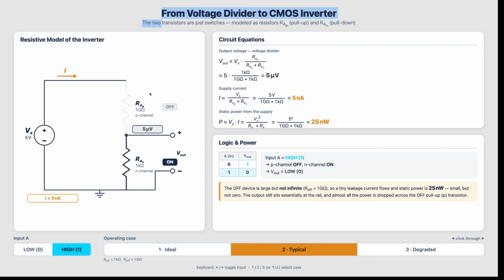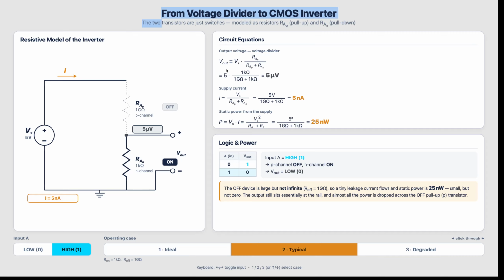With a typical load, the resistance when the P-channel transistor is off would still be pretty high. Let's say it's 1 gigaohm. And the low resistance would be, let's say, 1 kiloohm. A kiloohm is a significant resistance, but compared to a gig, it's pretty negligible.